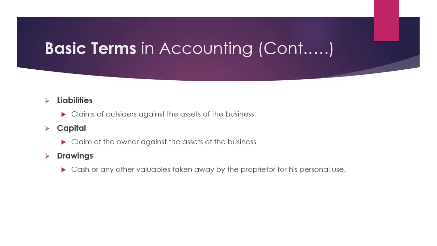Drawings. Cash or any other valuables taken away by the proprietor for his personal use is termed as drawings. Drawings denotes the withdrawals or takeaways made by the owner of a business from the capital contributed by him or her. It can be either in the form of cash or in the form of assets.